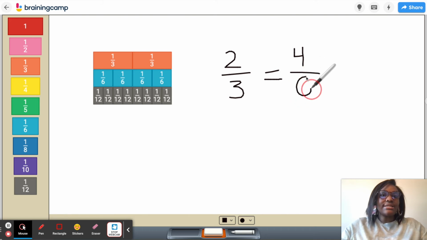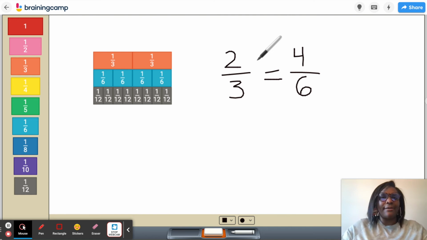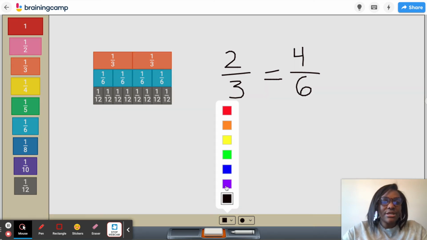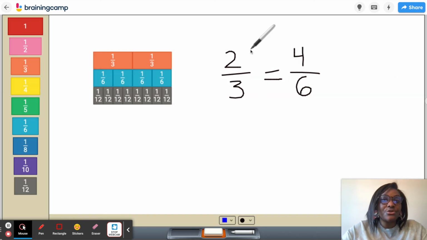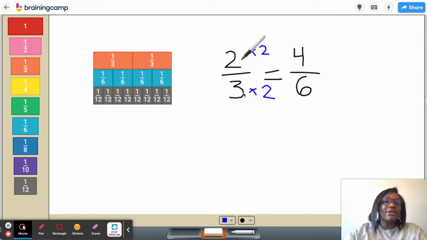And then someone could see that the pattern is, what do we multiply the numerator and denominator with for 2/3 to get 4/6? And someone could notice that 2 times 2 equals 4. So if I do the same exact thing to the denominator, I get 6. So as long as you multiply the numerator and denominator by the same number, you will get an equivalent fraction.